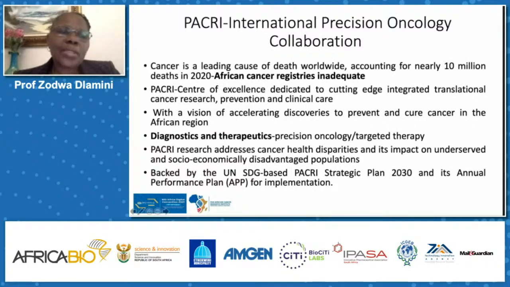So Pakri is a center of excellence which is dedicated to cutting-edge integrated translational cancer research. Also, it involves prevention and clinical care. And it has a vision of accelerating discoveries, which are to prevent and cure cancer in the African region.